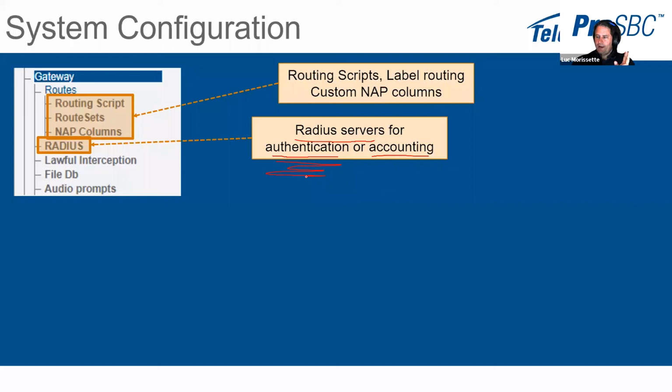So if I repeat, there are two ways to do call detail records. One is using the Radius server, as I just explained. The other way is just to keep them and store them locally on the system, on the file system of the SBC.